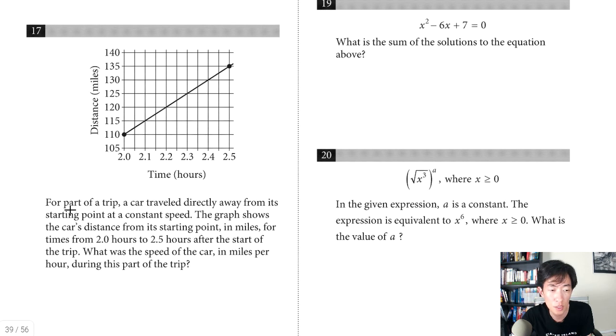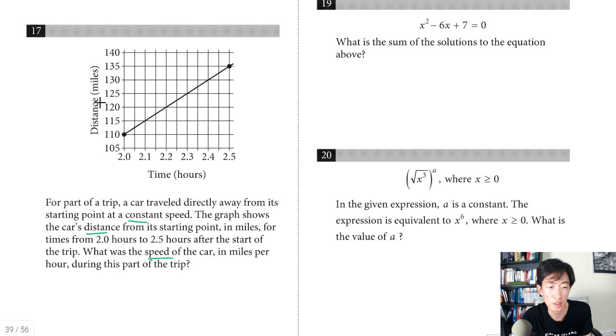Question 17, it says, for part of a trip, a car traveled directly away from its starting point at a constant speed. The graph shows the car's distance from its starting point in miles from times 2 hours to 2.5 hours after the start of the trip. What was the speed of the car in miles per hour during this part of the trip?